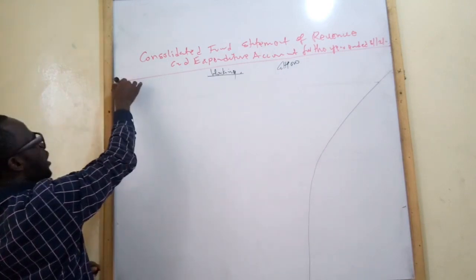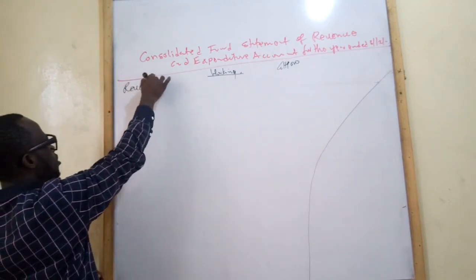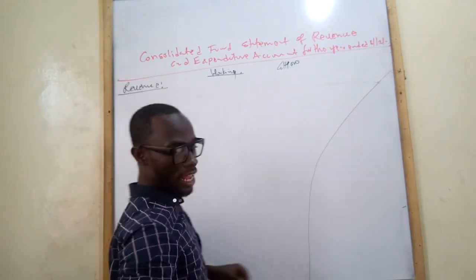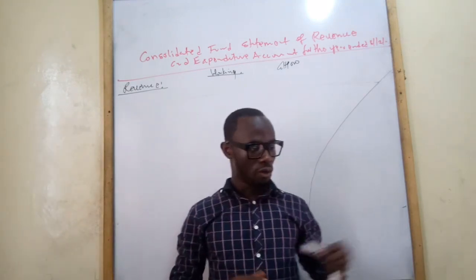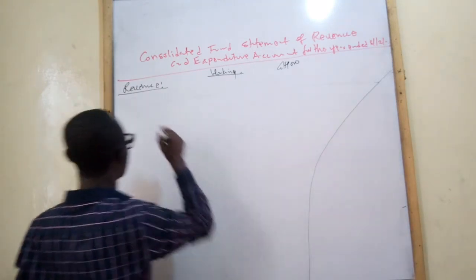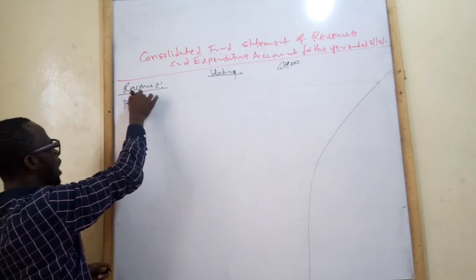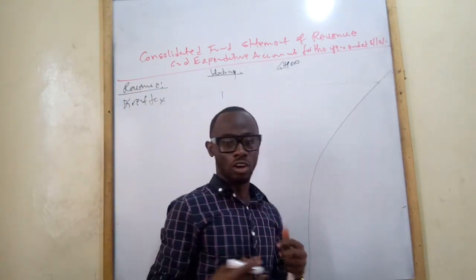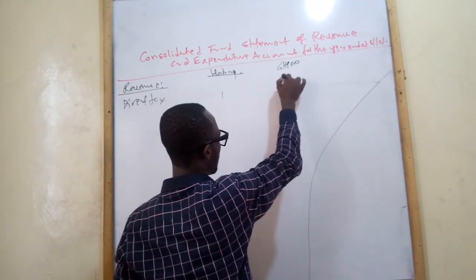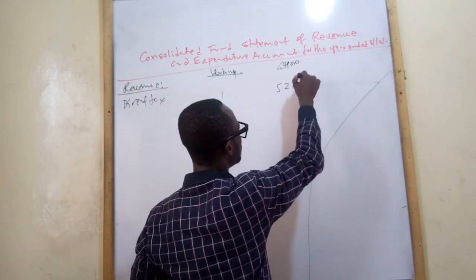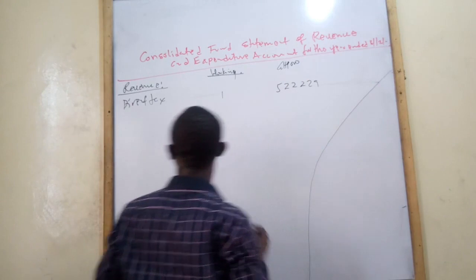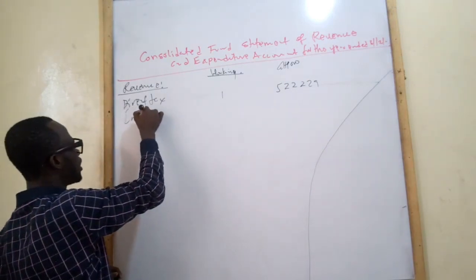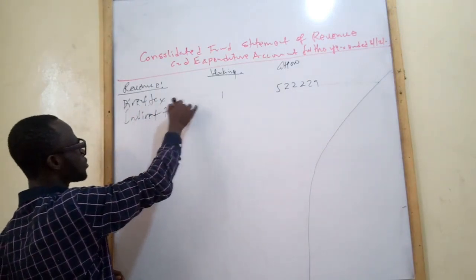Then the first thing we bring is what? Our revenue. Now under the revenue, we did the workings for direct tax, and that was the first working I wrote down. So direct tax will be workings 1. When we add all the direct taxes, we are supposed to get 522,229. Then indirect tax, that was the second working.